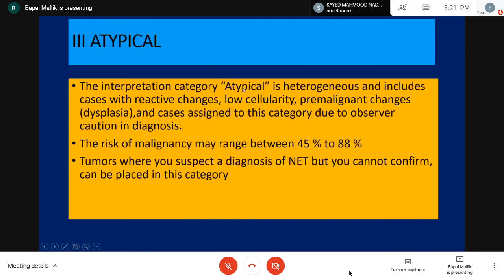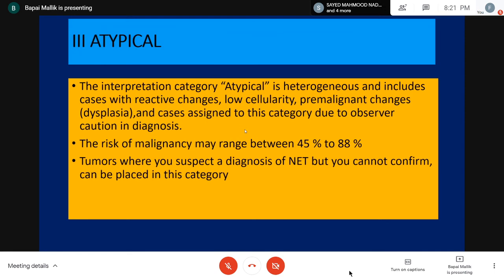Sometimes you see cells which you are pretty certain are malignant, but the cells are too few, so you call it atypical. You can even put it in the suspicious category based on that. We'll come to that later on. And there are certain situations where you are not sure what to write or where exactly to put it; you can put it in the atypical category.